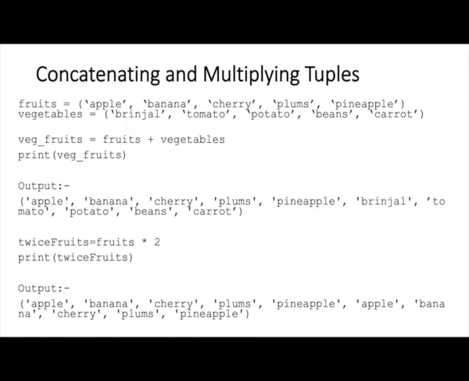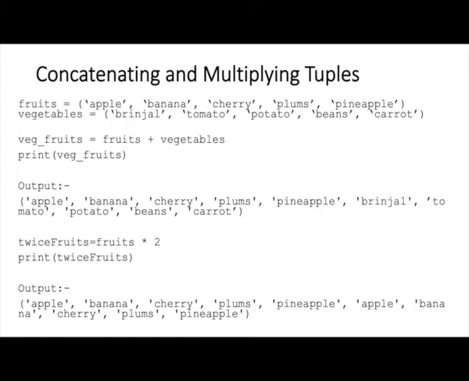So, we have a tuple called fruits, which we have already created, with elements apple, banana, cherry, plums, pineapple, that is 5 items, and we have another tuple by the name vegetables with again 5 items, namely brinjal, tomato, potato, beans and carrot. Now, I want to create a new tuple called veg_fruits.